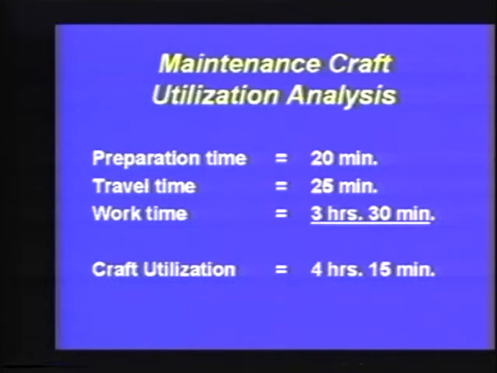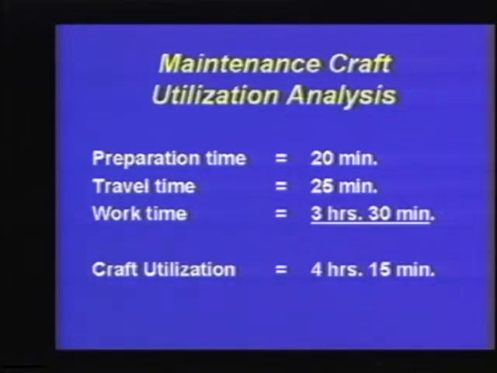Now, moving on to page number 6, we're going to look at the actual time on the job. Preparation time was 20 minutes, travel time is 25, and the actual work time was 3 hours and 30 minutes. So we summarize those 3 time elements, and therefore the total utilization time for this order was 4 hours and 15 minutes.